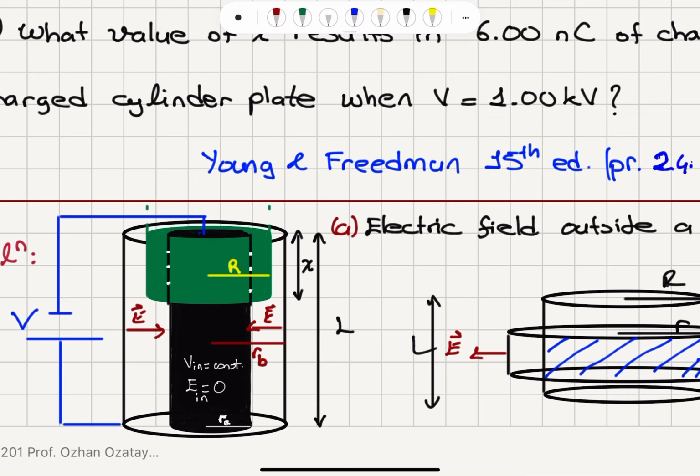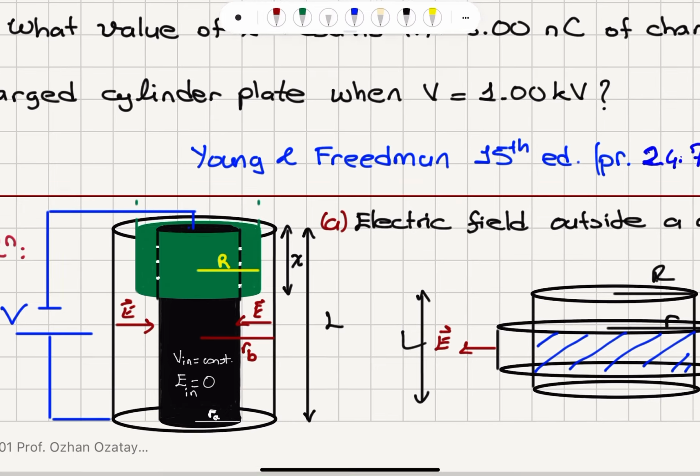Now in between these two, we insert a dielectric with radius between capital R and R sub a, and that capital R is less than R sub b, so there's also part of it filled with air. Only a distance x into this cylinder. I assume that the outside surface is at a positive potential, the solid cylinder is at a negative potential, so I have positive charges outside, negative charges inside at the surface of this solid cylinder.